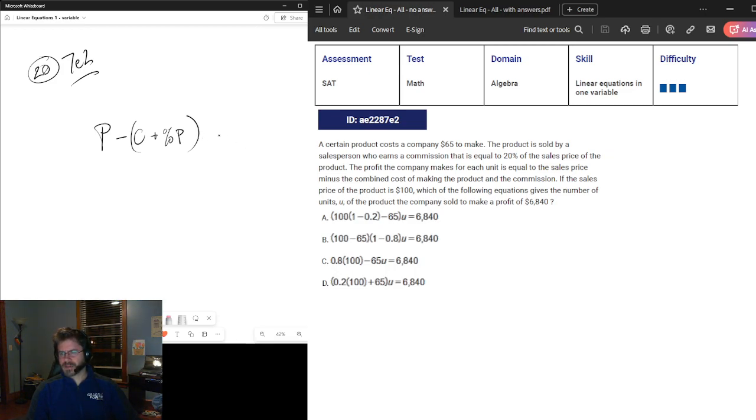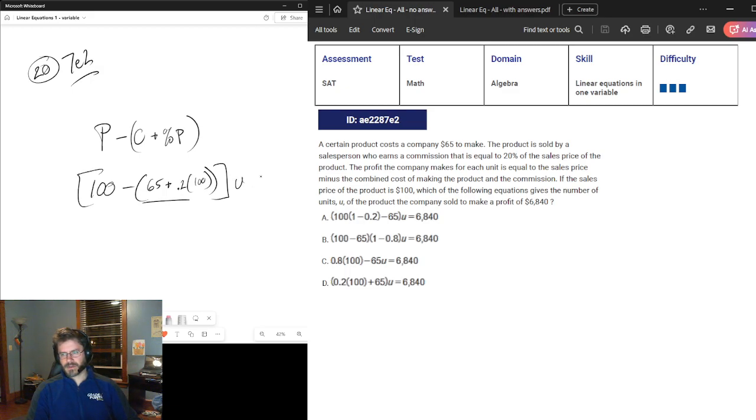If the sales price of the product is $100, so $100 minus the cost, minus the total combined cost, plus 20% as a decimal is 0.2 times 100, which gives us the number of units u to make a profit of, and the profit is this whole thing times u equals 68.40.